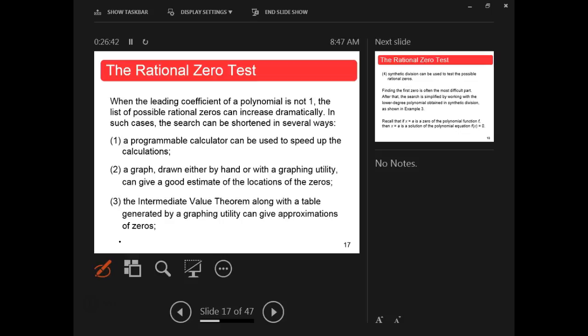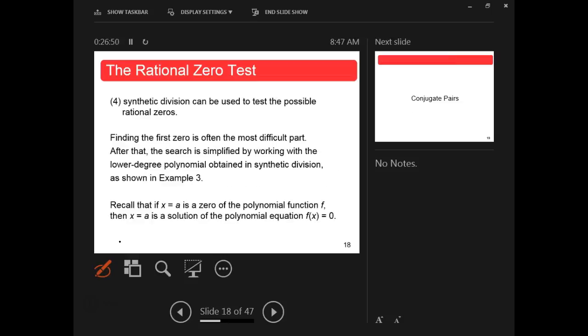Now, your book lists one more, that synthetic division can be used. Let's see if that's on the next. Oh, yeah, there it is. And synthetic division can be used to test the possible rational zeros. I would put that near number 1, okay? That's probably the easiest and best thing to do. Finding that first zero is often the most difficult part.